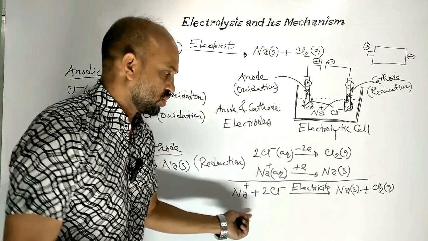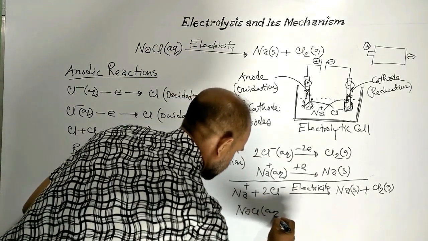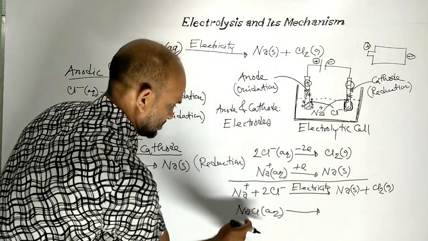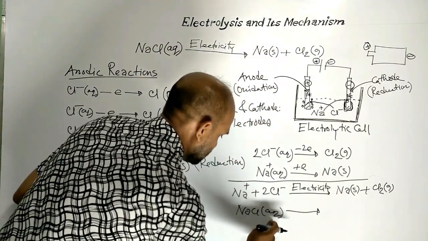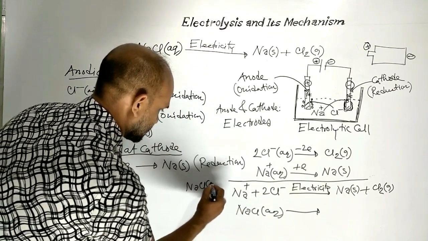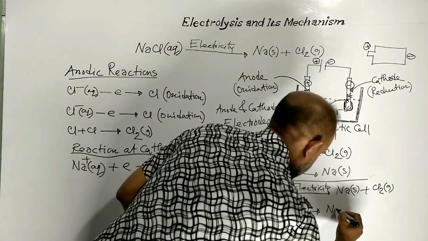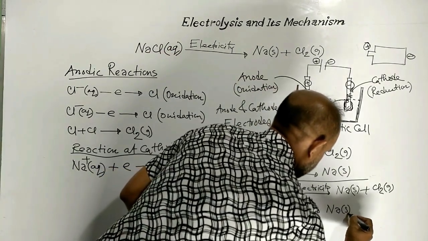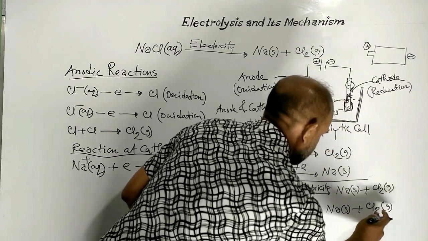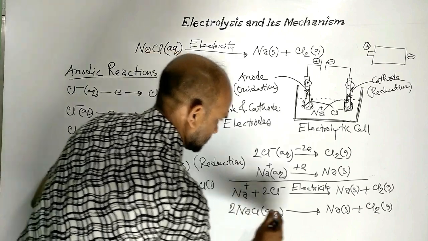The chemical decomposition of an electrolyte in its solution or in its molten state, which occurs due to the passing of electricity through it, is known as electrolysis.